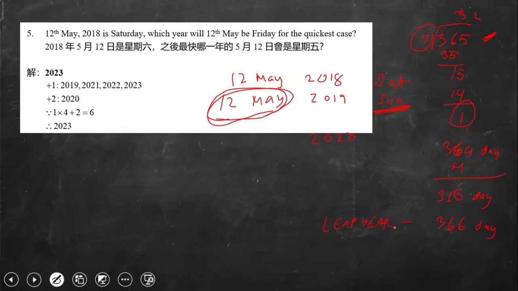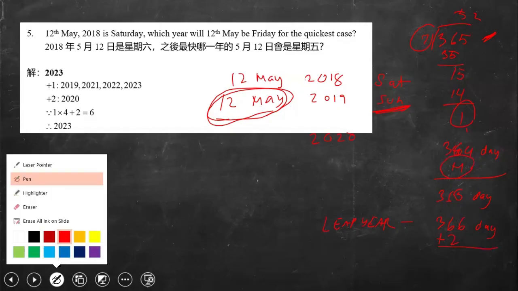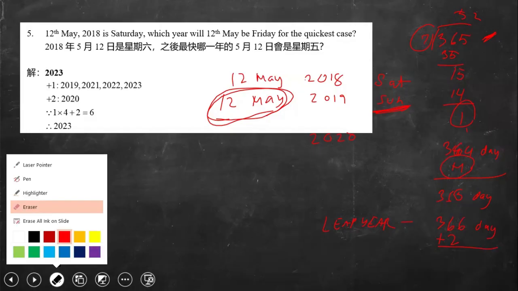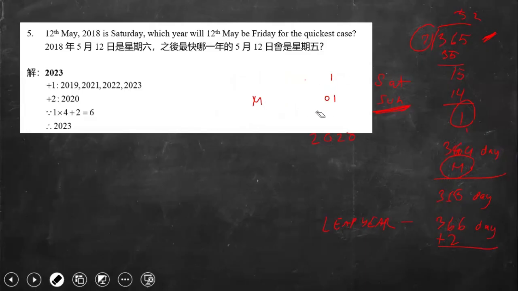Which means instead of 1 day being added, we're gonna have 2 extra days from the starting day of the week. If you guys can understand how that works.